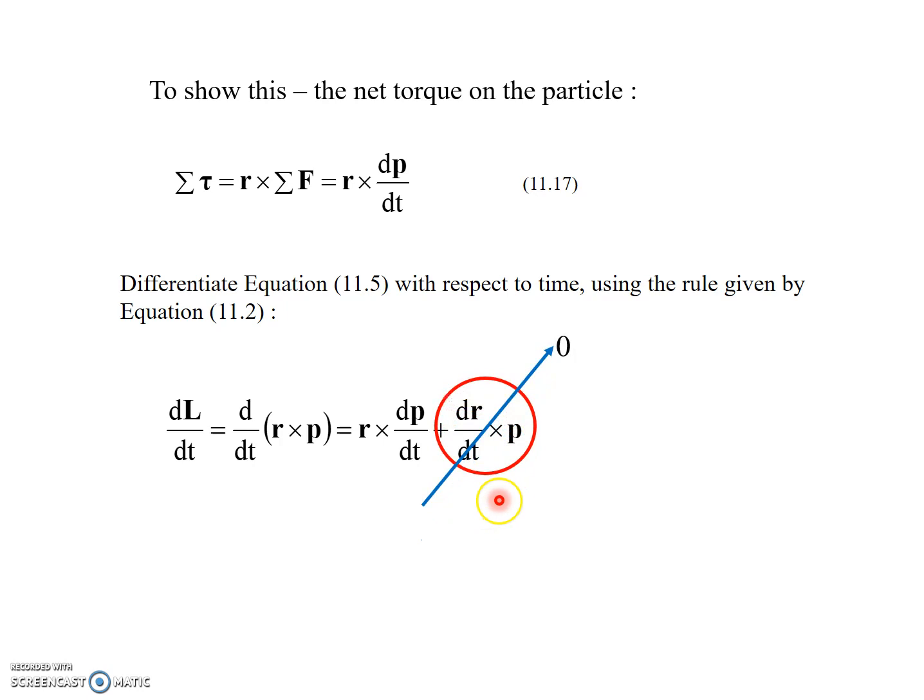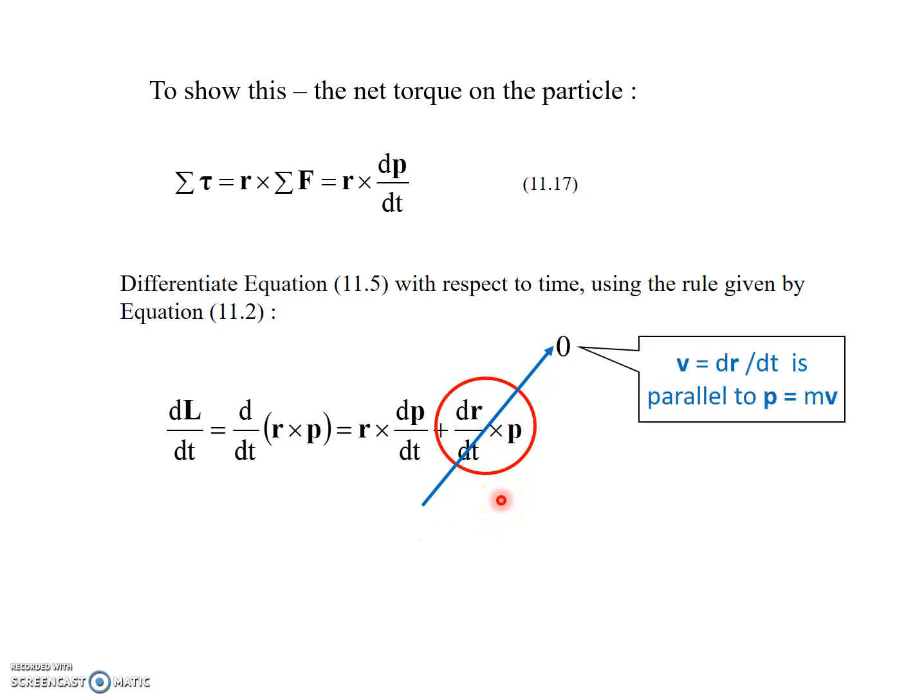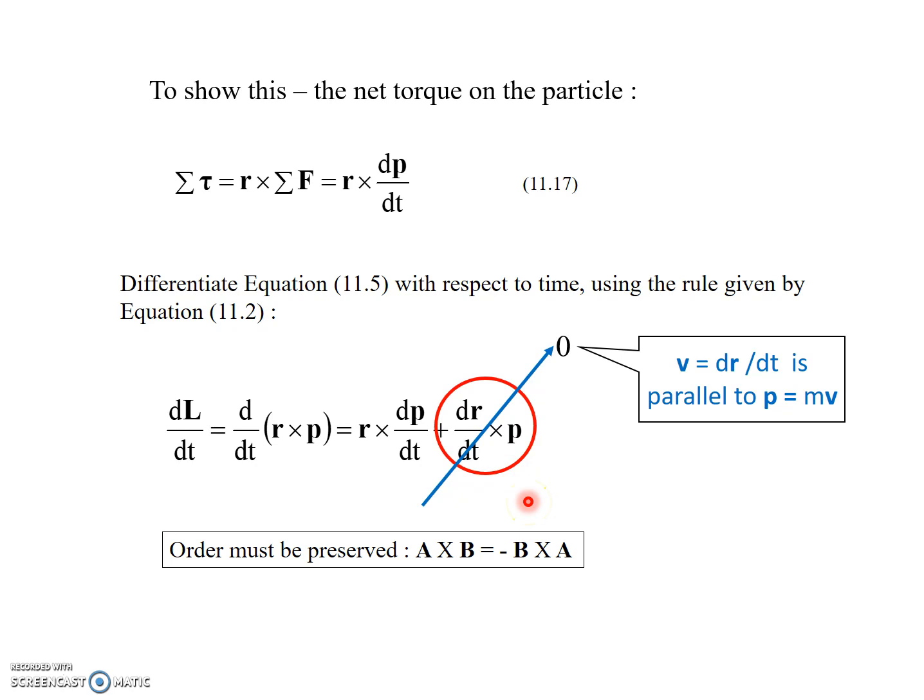Okay, dr over dt cross p equals 0 because v equals dr over dt is parallel to p. So the angle between them is 0, so sine 0 is 0. And in this case, the order must be preserved. That means if you take r cross p, you have to write r first and then p.